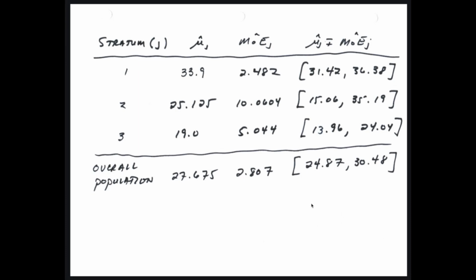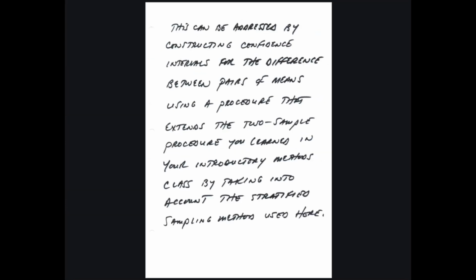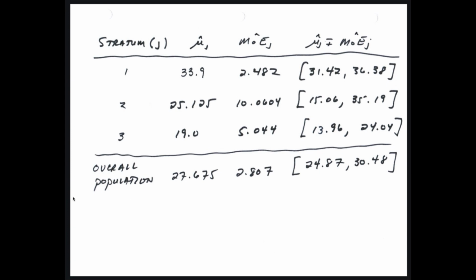One approach would be to take the confidence intervals for the individual means and look for overlap, and you can see that there's a lot of overlap between each of these three intervals. Okay, so that's one way to do it, but that's not the best way.